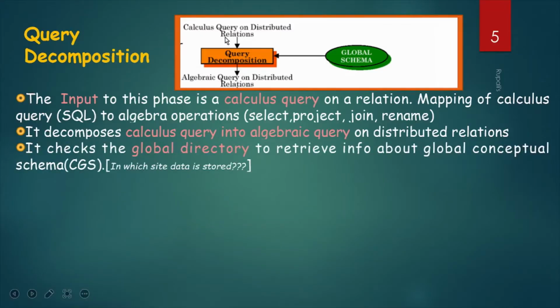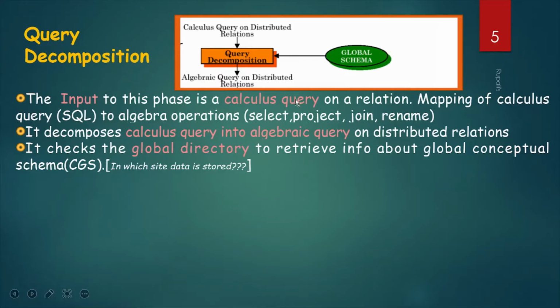First, in this phase, it checks the global directory to retrieve information about the global conceptual schema. So why is the global directory needed? To retrieve information about the GCS, that is the global conceptual schema. Why is the GCS needed? When we execute our query, after execution we get the result, which means it fetches the data from the database, but in which site the data is stored, we have to fetch from that site.